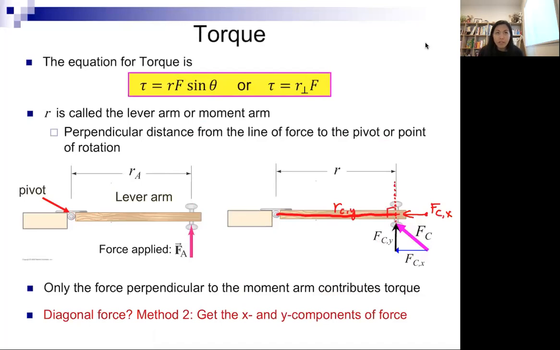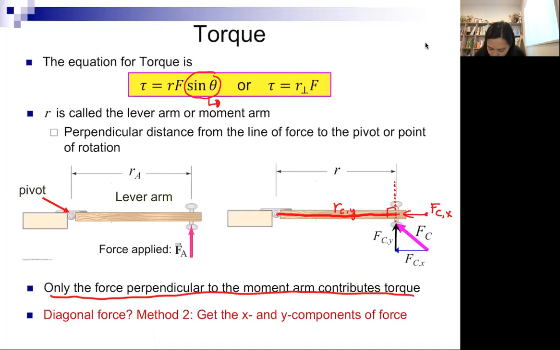Right, and so let's go back to the equation for the torque. So that's what sine theta is all about. Sine theta actually means here that only the component of the force perpendicular to the moment arm is what contributes to the torque.